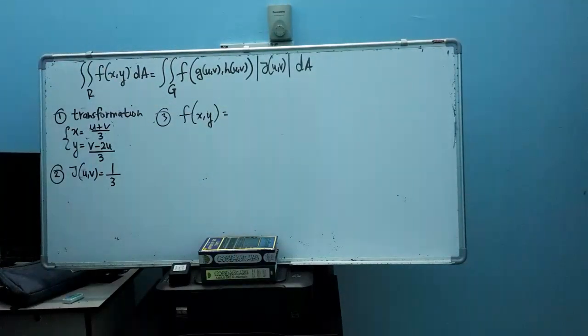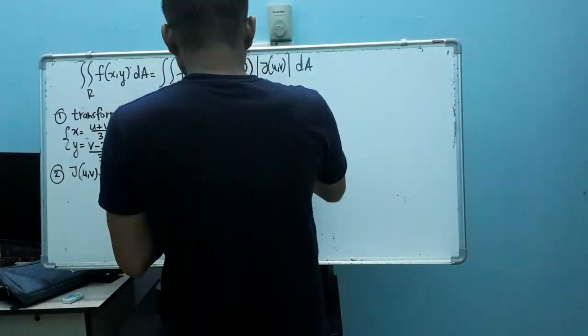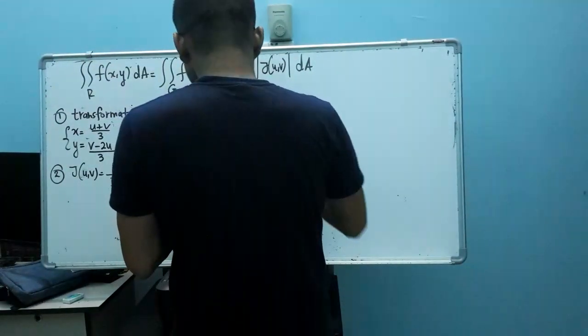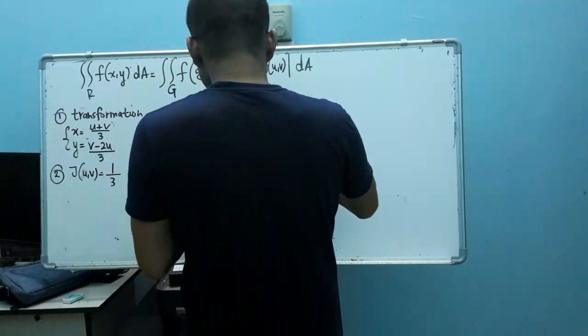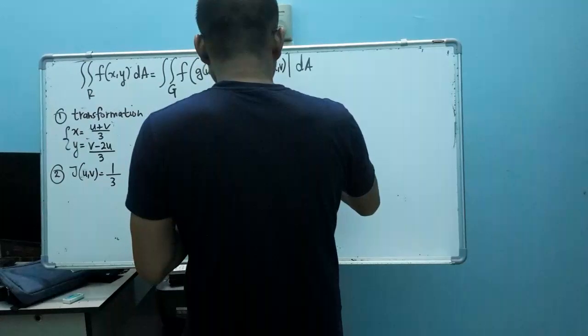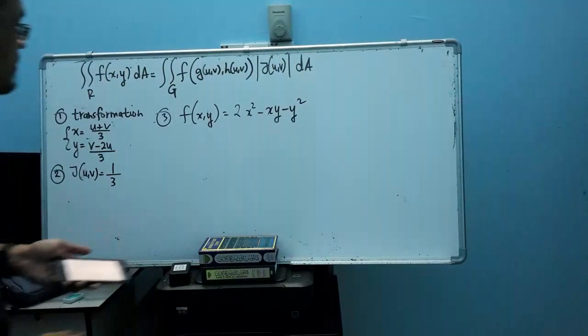My f(x,y) is equal to 2x squared minus xy minus y squared.